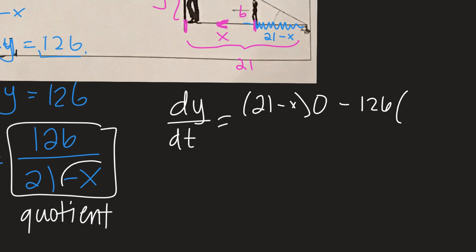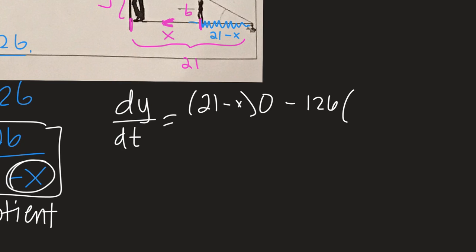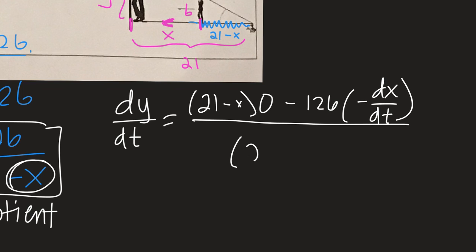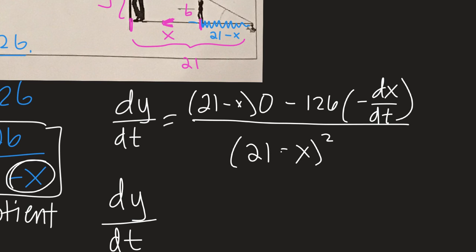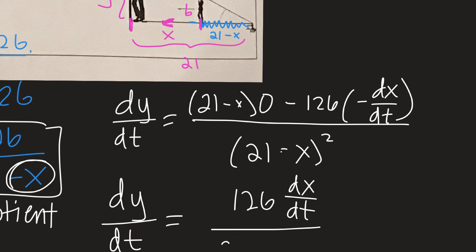So we have negative x is the only thing that has a derivative, and that's negative dx/dt, over 21 minus x squared. Okay, so our derivative with respect to time of the shadow is equal to 126 dx/dt over 21 minus x squared.